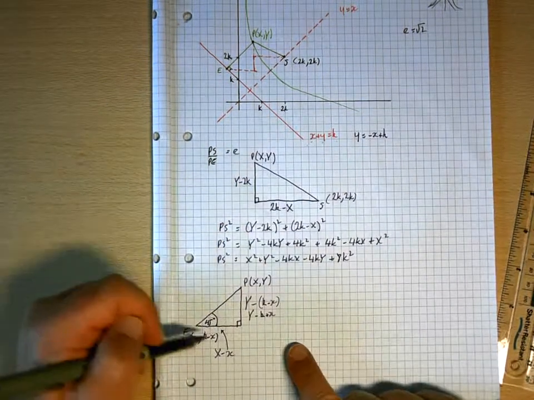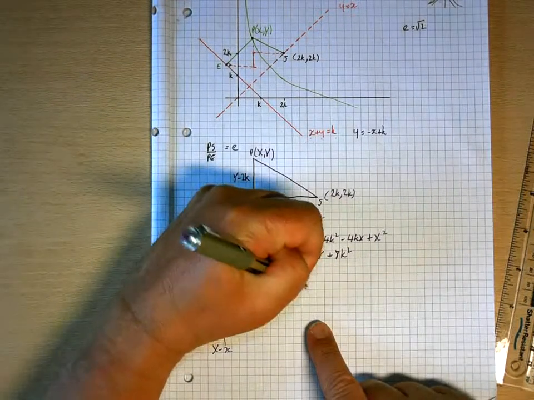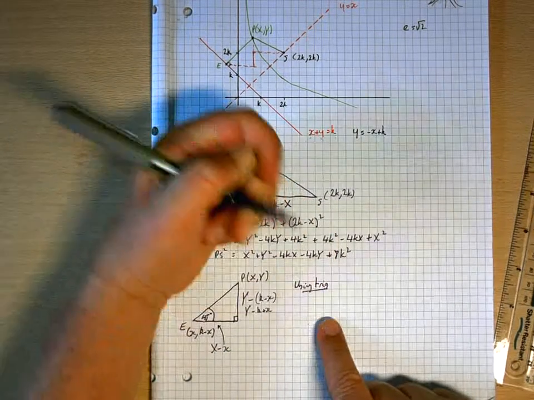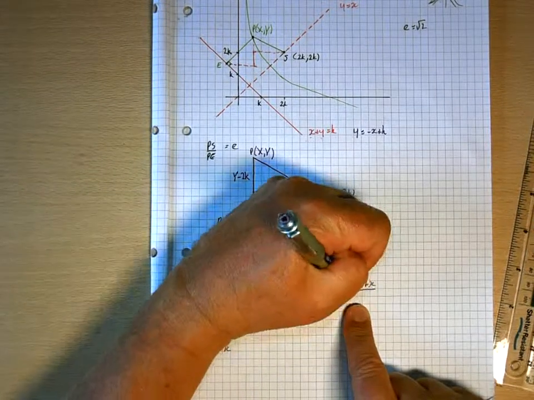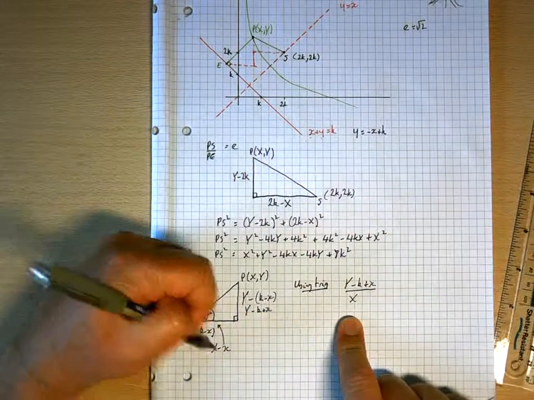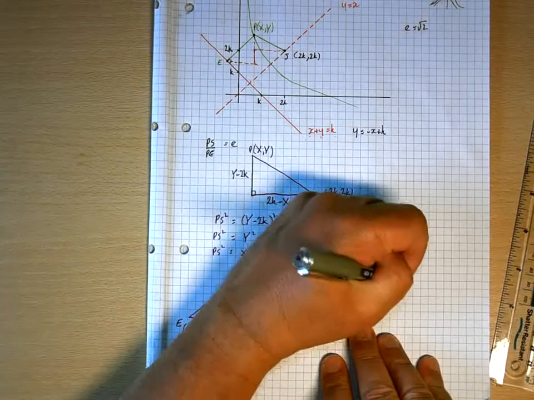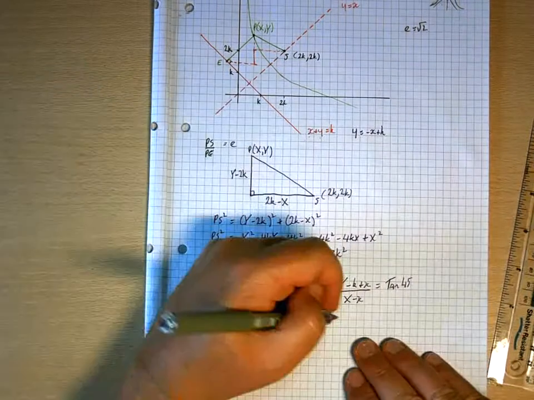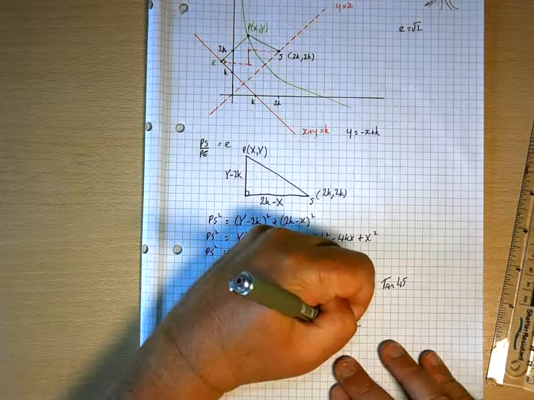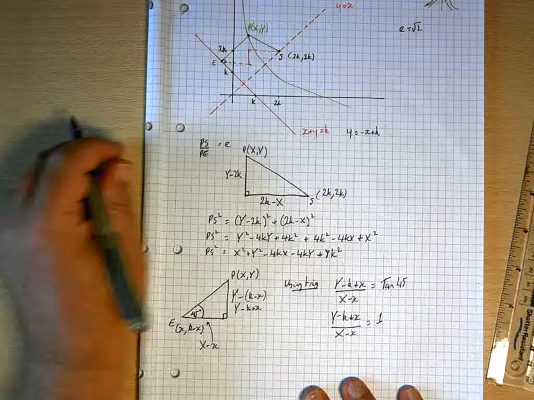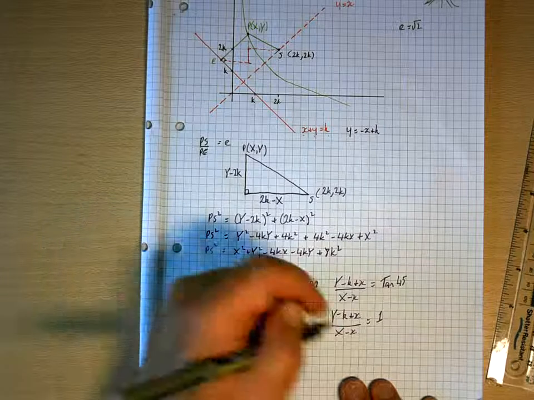Now because of that, I can use trig to say opposite over adjacent: opposite, Y minus k plus x, over adjacent, X minus little x, equals tan of 45, and tan of 45 is 1. So this is going to enable me to get x in terms of y and k, and big X.